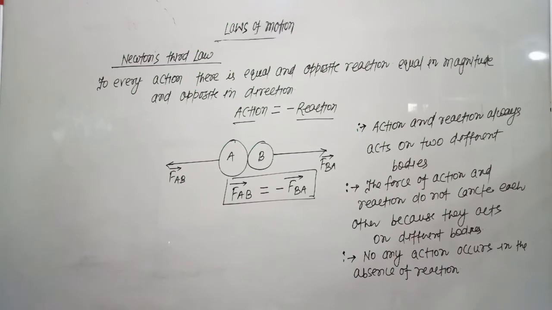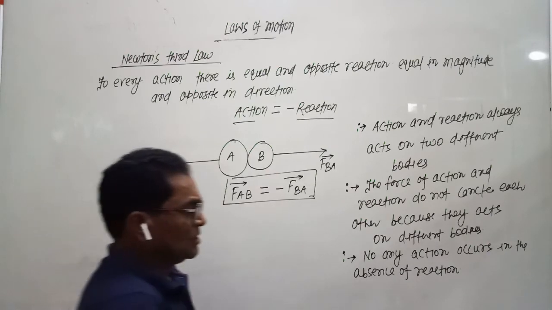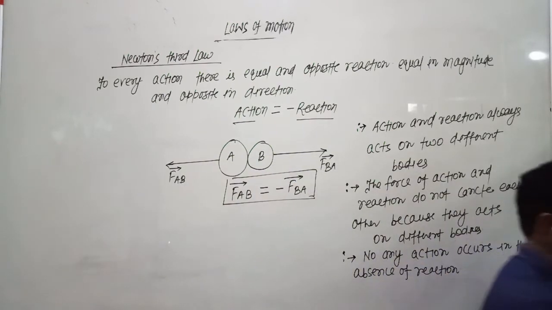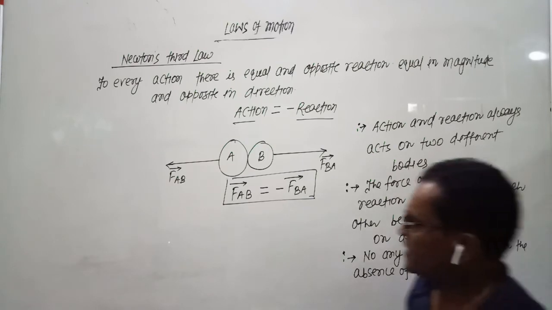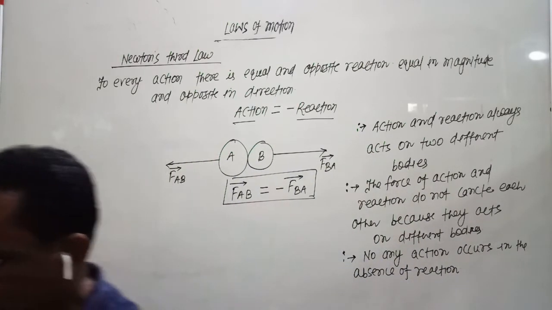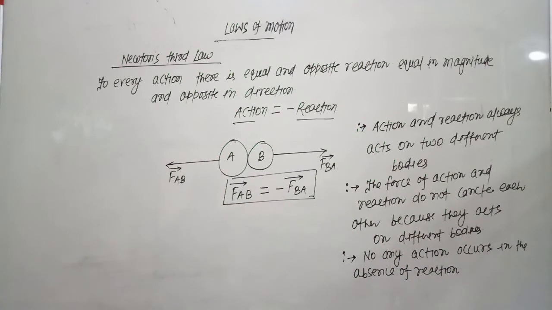So this is about Newton's third law. The statement is: to every action there is an equal and opposite reaction, equal in magnitude and opposite in direction. Action is equal to minus of reaction.